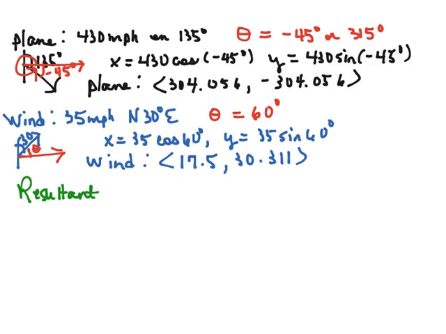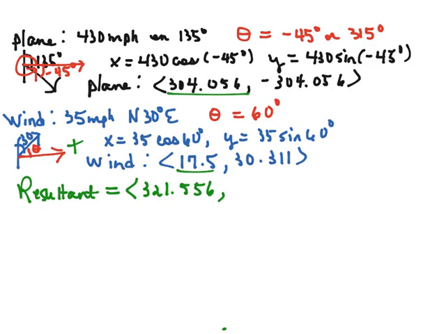So our resultant would be equal to the plane vector plus the wind. So if we take our plane, which was 304.056, and add it to our wind, which was 17.5, the result would be 321.556.